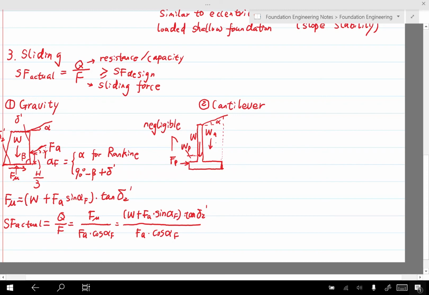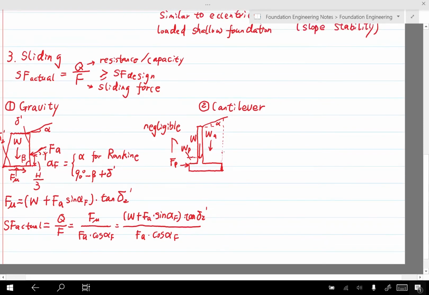And then between this active soil body zone and the soil to the right of it, we also have a force. Because the soil in the active zone moves away from its original position actively, the soil next to it will also move in the active mode.